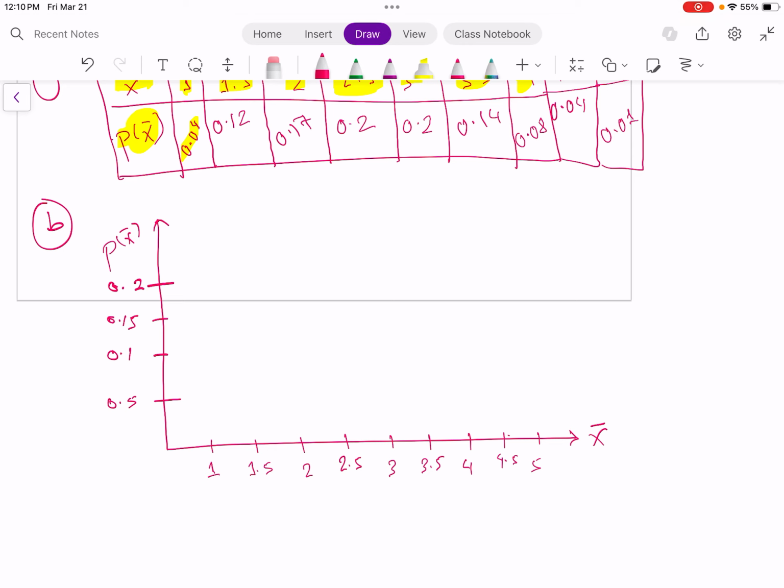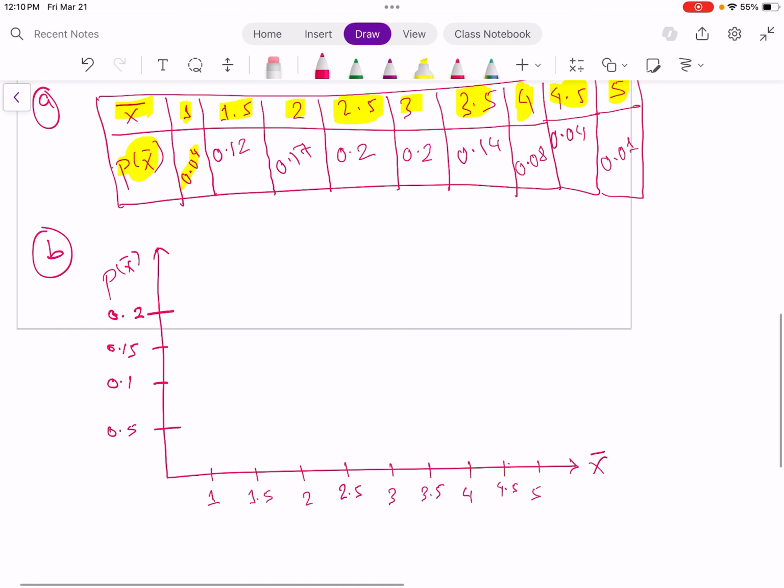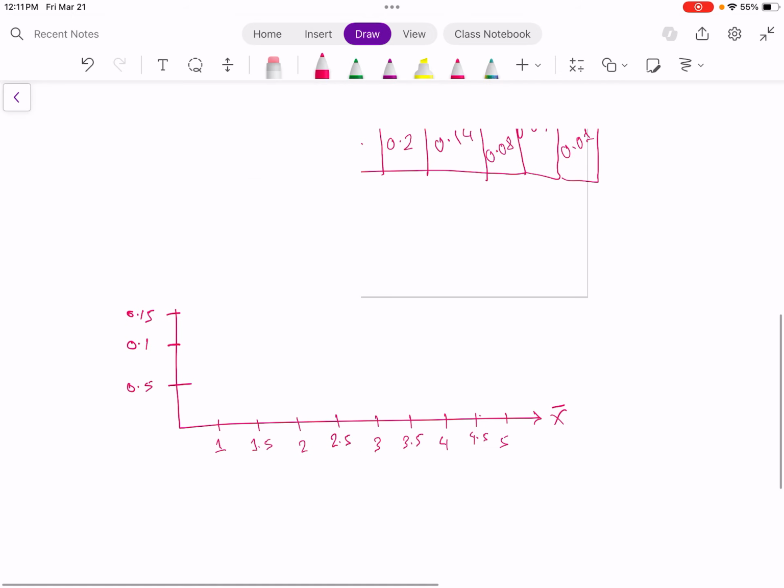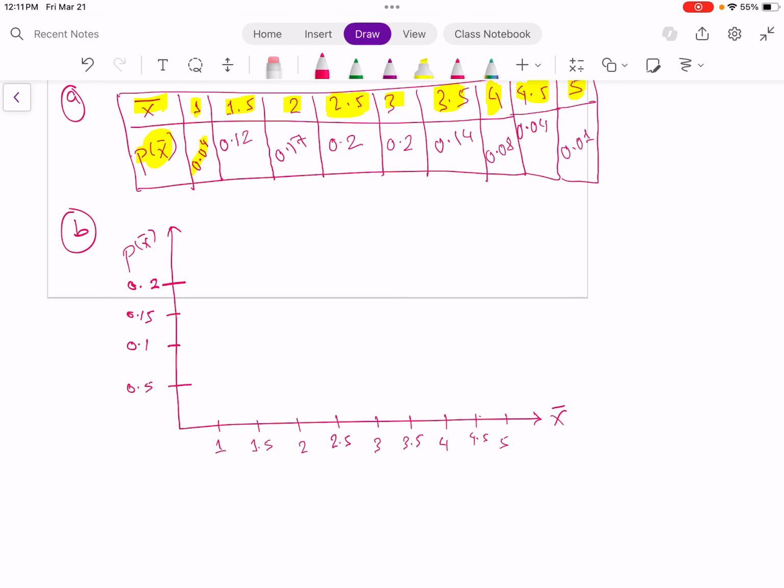Where is our 0.04? So this is 0.05. Okay, now what we can do next is that we can just rewrite our probability in terms of percentage.